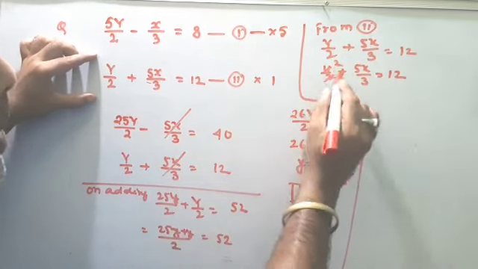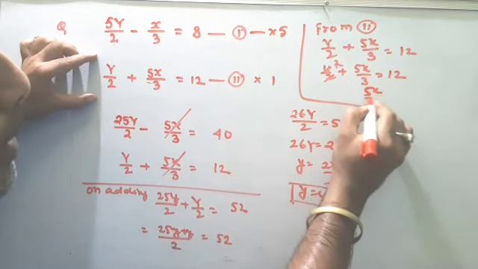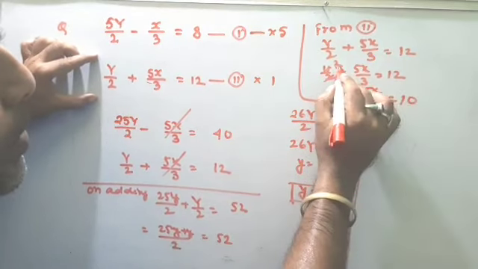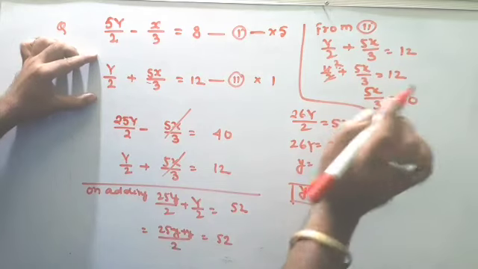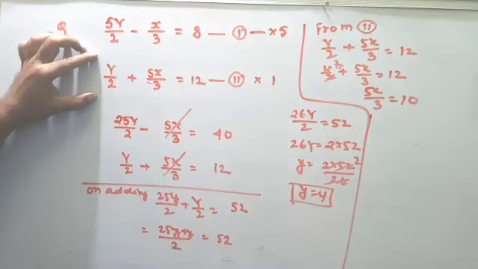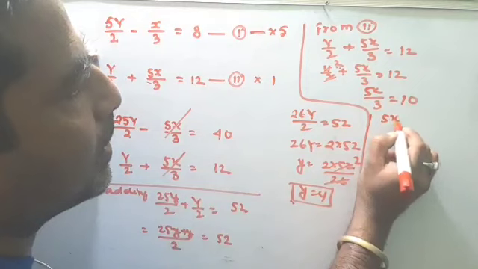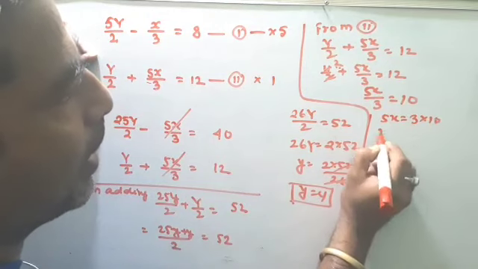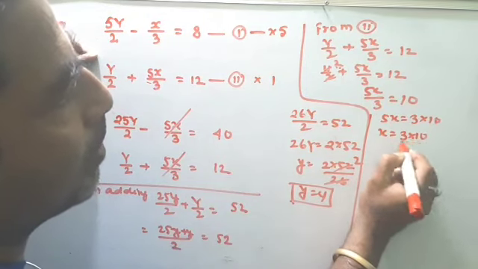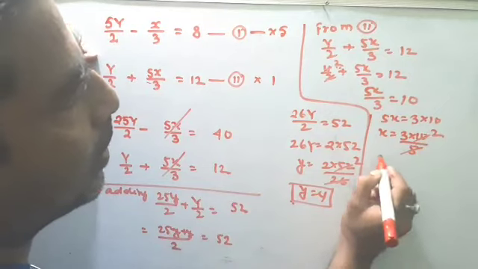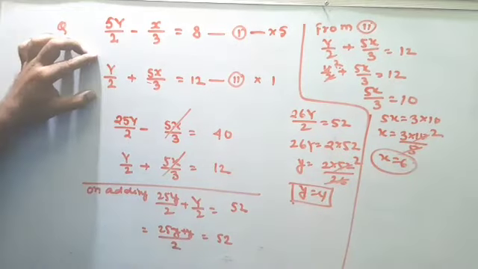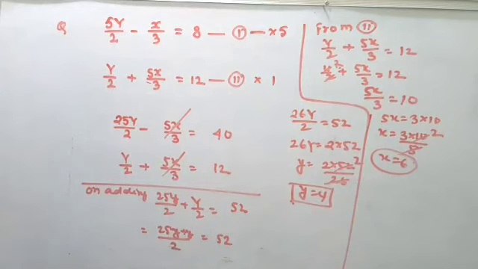This 2 goes to the other side with a minus, so 12 minus 2 is 10. So 5x by 3 is equal to 10. Then 5x is equal to 3 into 10, and x is equal to 3 into 10 by 5, so x is equal to 6. So the value of x and y is 6 and 4.